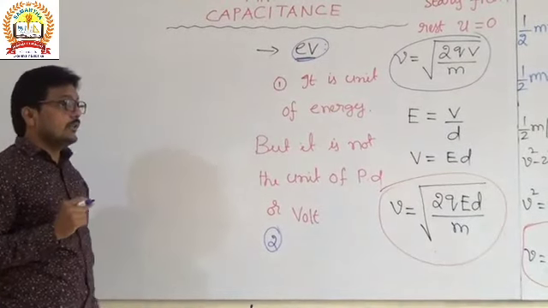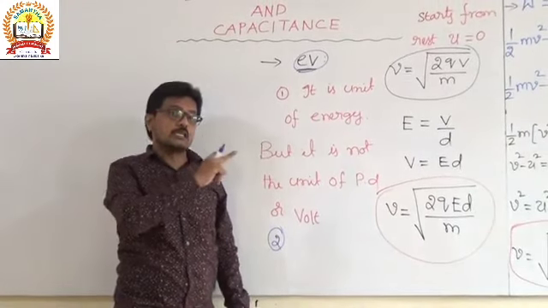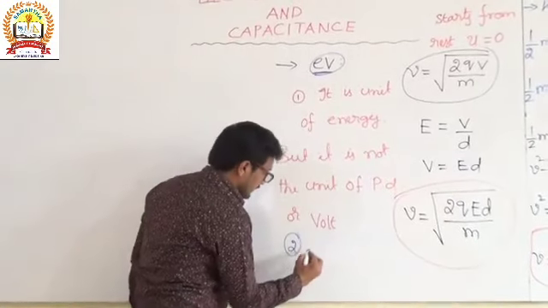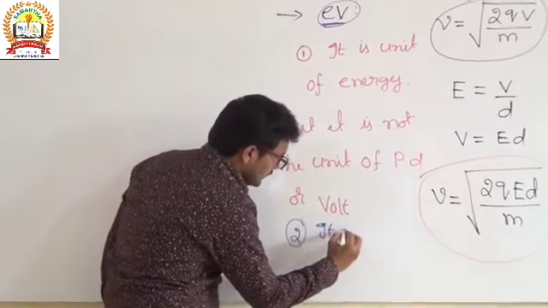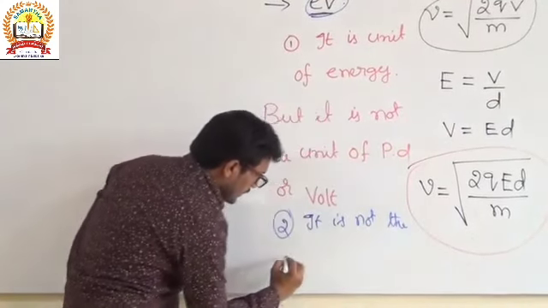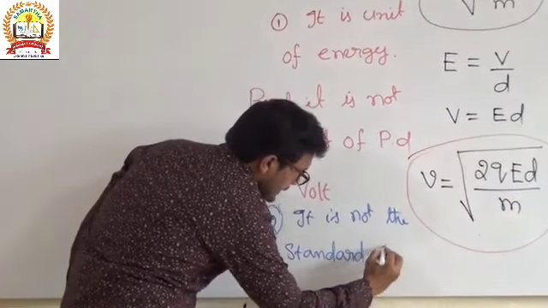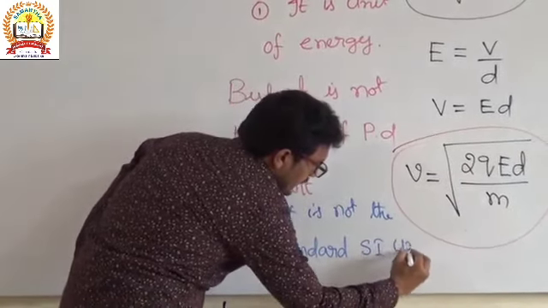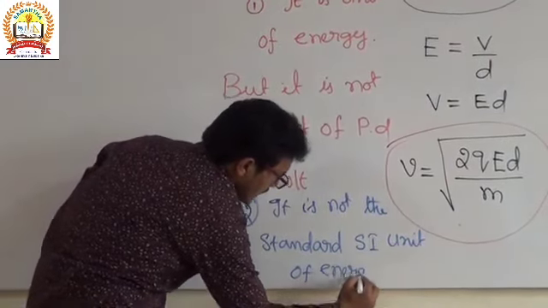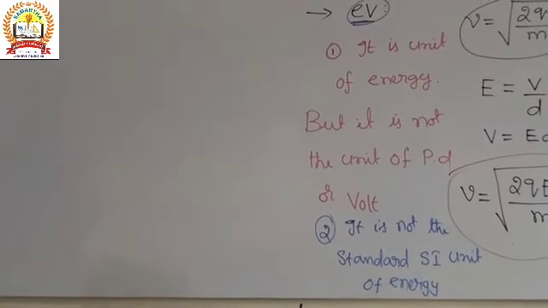We should mention that the electron volt is not the standard SI unit of energy. This is the second important point about the electron volt.